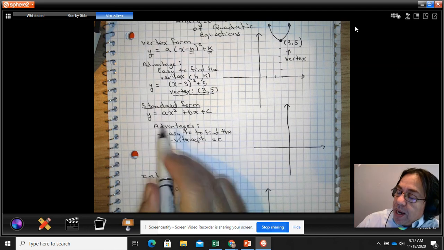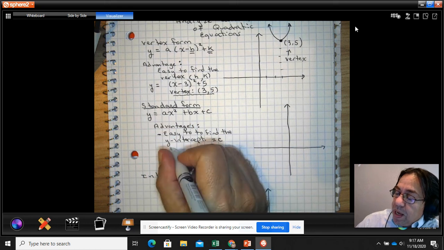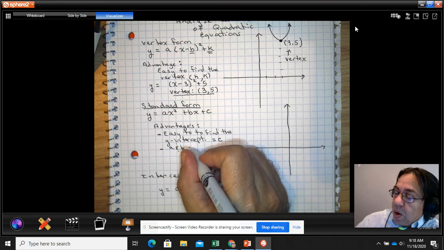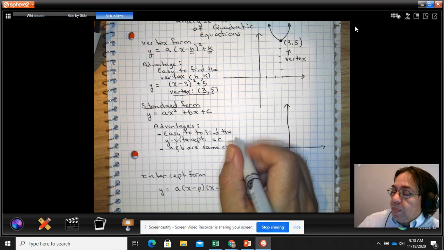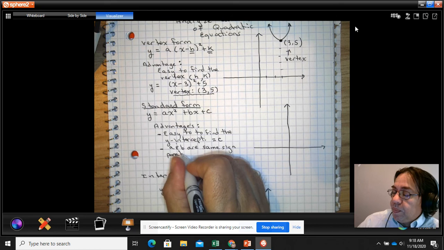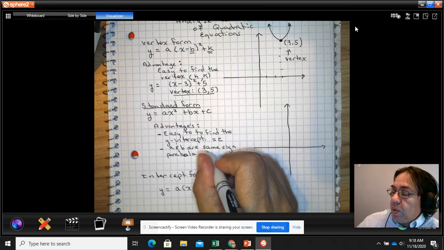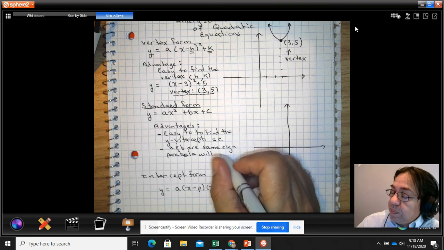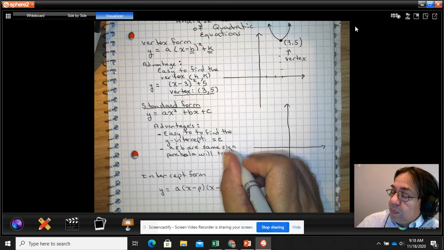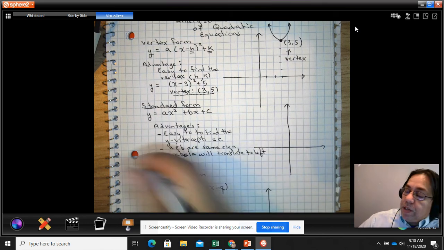So we're going to look at a and b, whatever these two numbers are, and if a and b are the same sign, the parabola will translate, it's going to move to the left-hand side.